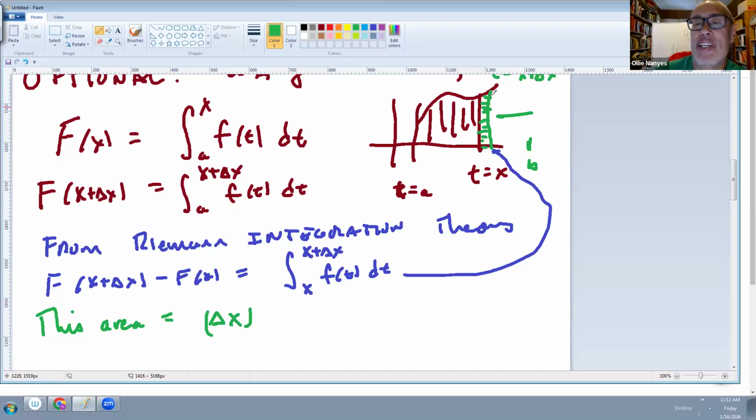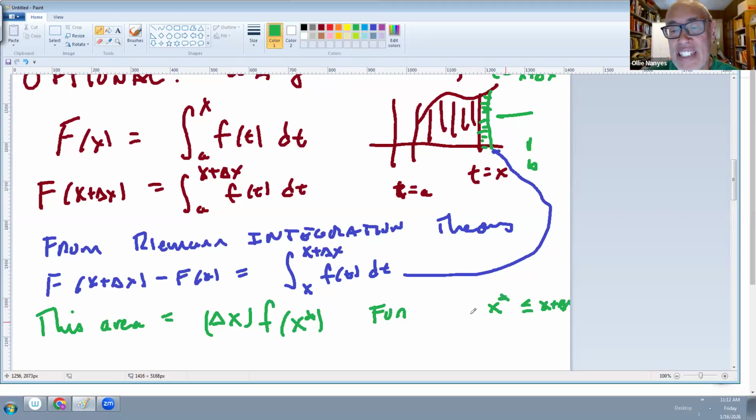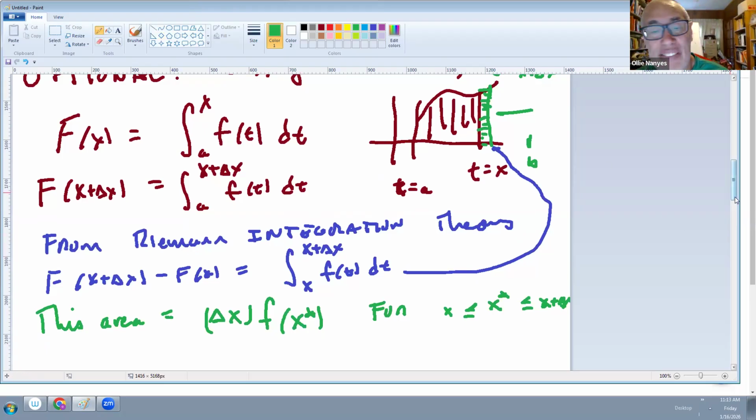And the height, by something called the mean value theorem for integrals, is going to equal f of x star for x star between x and x plus change in x. So we can find a height in between, such that if we have a rectangle of this base and this height, we get this little area here. I'm not going to prove that, but I think it's at least intuitive enough.